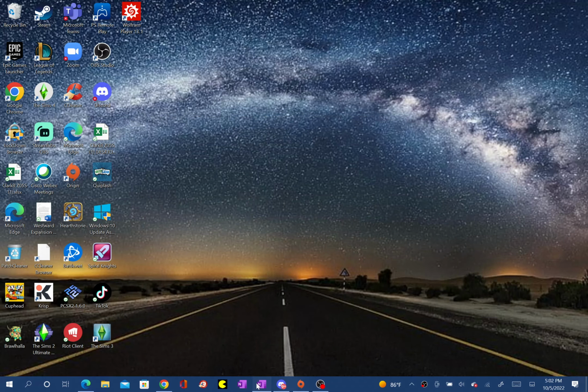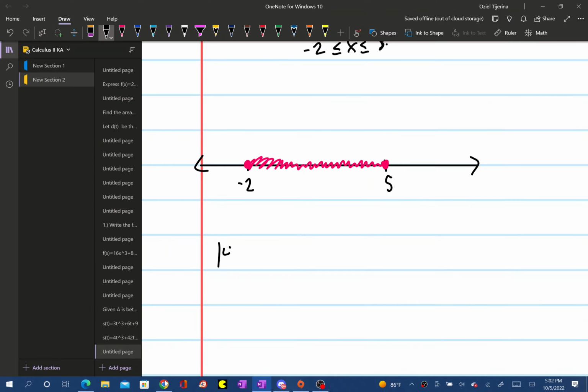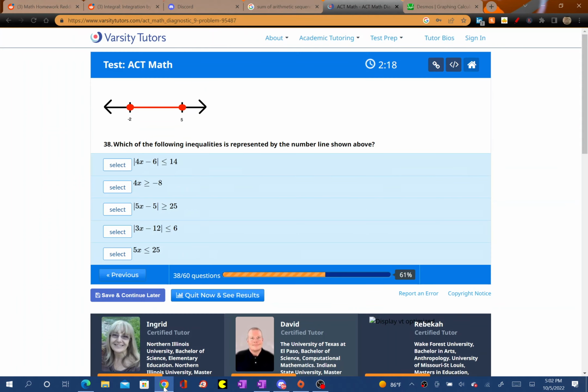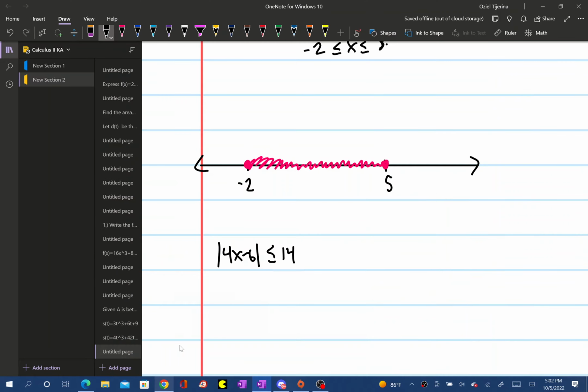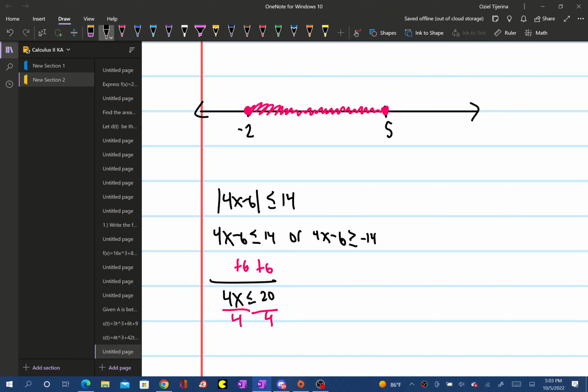We're really left with the first one. So the absolute value of 4x minus 6 is less than or equal to 14. I think that's what it said. Okay, so 4x minus 6 less than or equal to 14, or 4x minus 6 greater than or equal to negative 14. So this gives us 4x less than or equal to 20, and if we divide by 4, we get that x is less than or equal to 5.